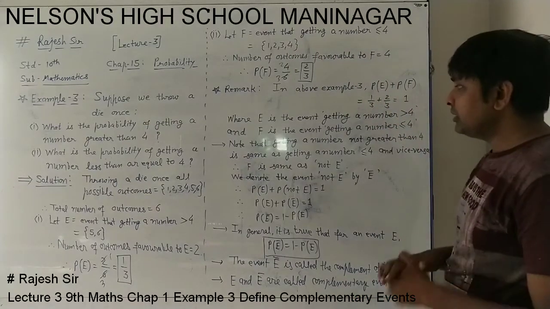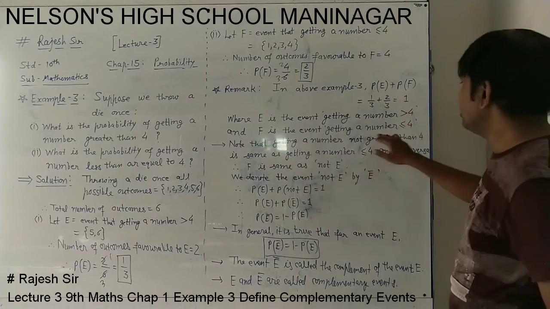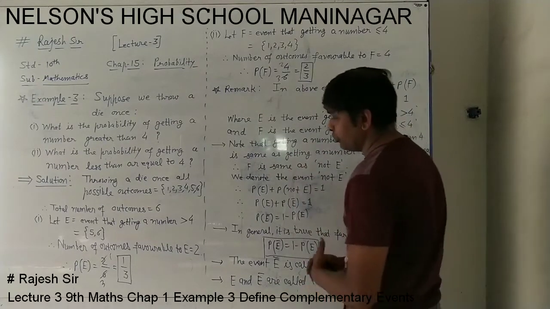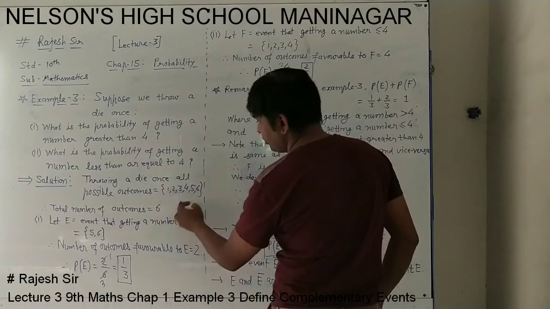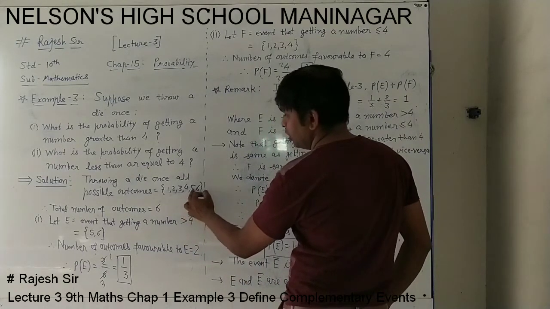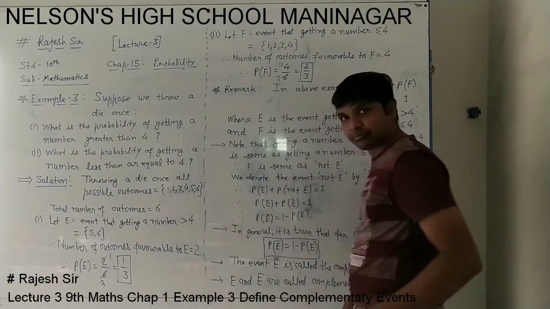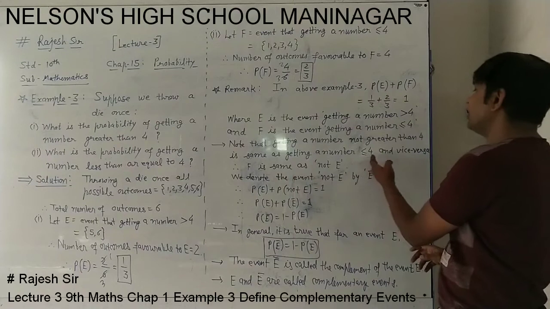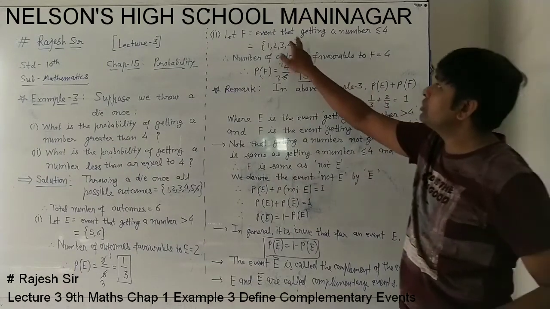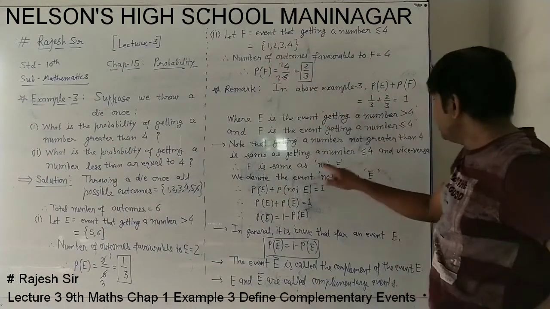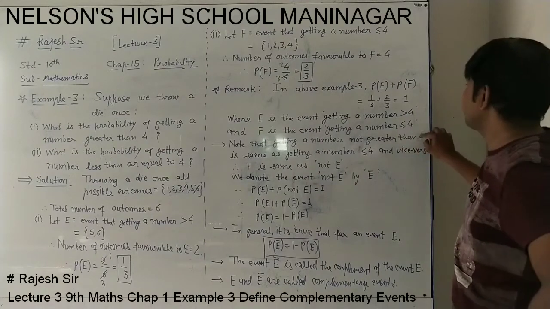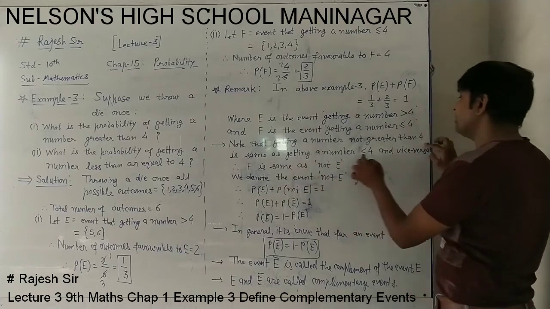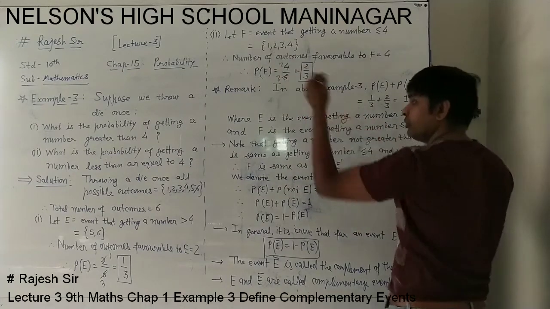What to note down here? Note that getting a number not greater than 4 means 1, 2, 3, 4. Not greater than 4 is the same as getting a number less than or equal to 4.